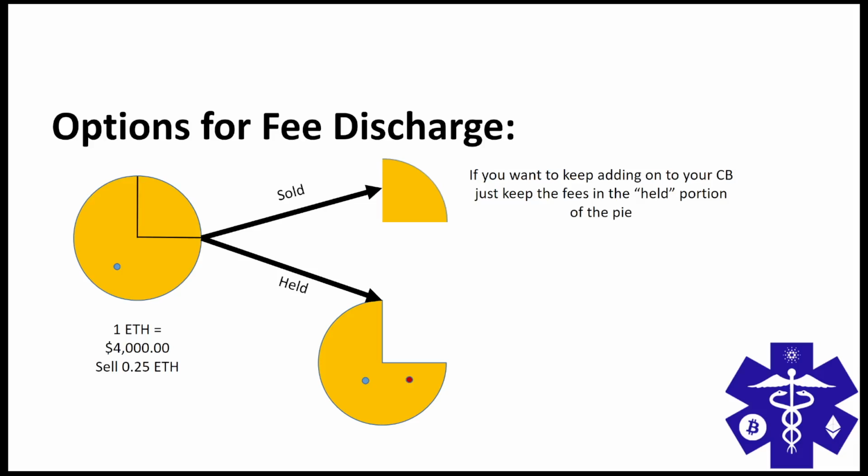But I would be paying a little bit more tax because my capital gain would be higher. At the end of the day, if I sold all the pie, I would be discharging the fees at the same time, and we would go back to that first video that we made about cost basis.